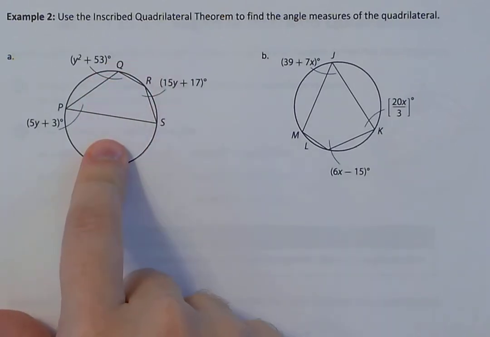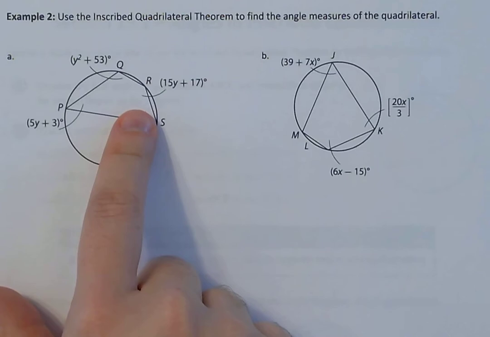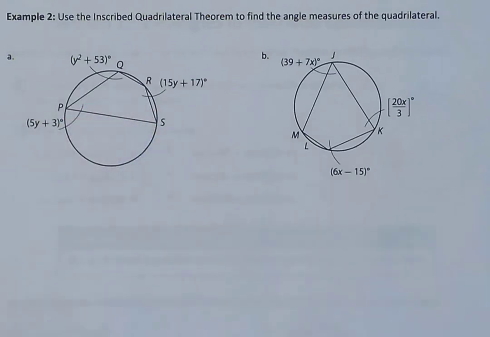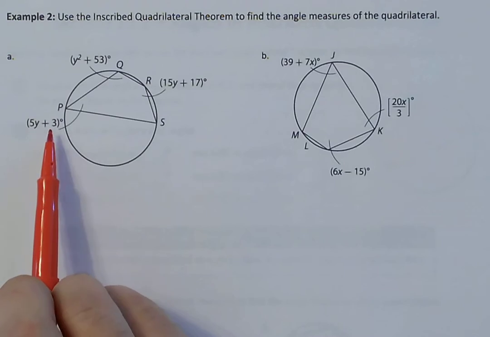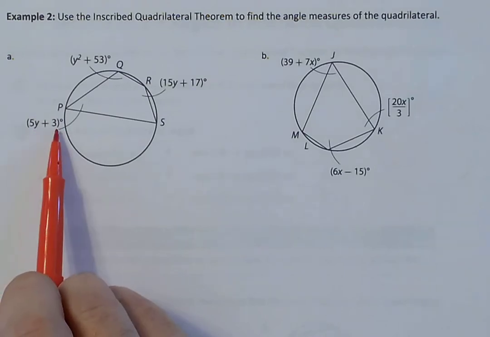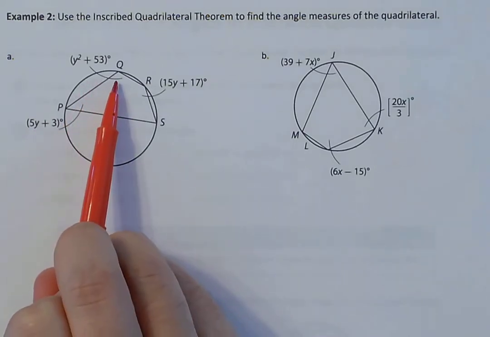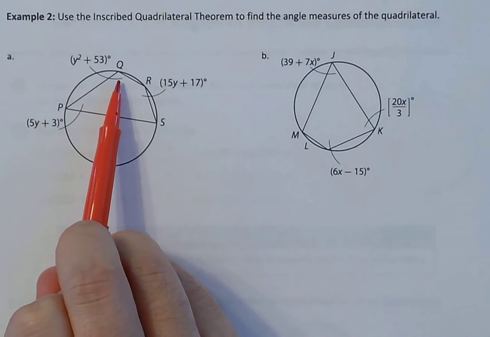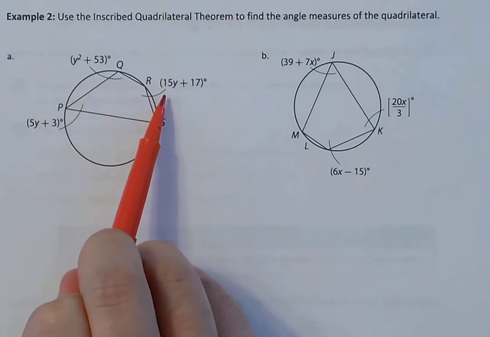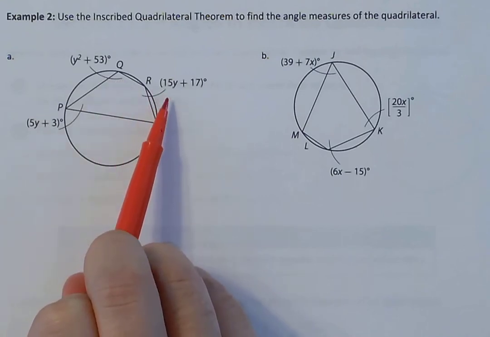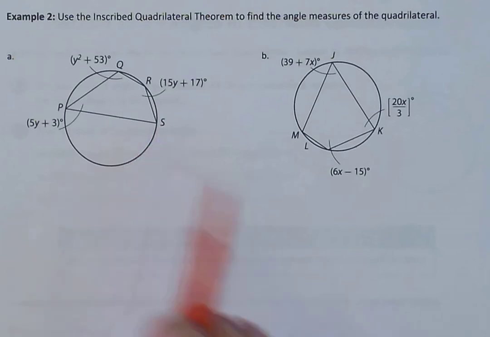So we have our circle here with the inscribed quadrilateral PQRS. One thing to note is that they tell us that the measure of angle P is 5y plus 3, Q is y squared plus 53, R is 15y plus 17, and they don't tell us anything about S. So, how do we go through and do this?